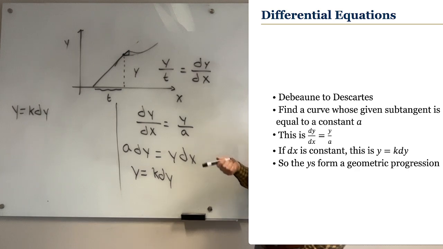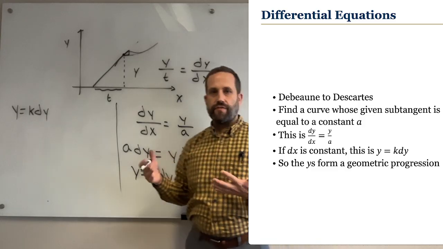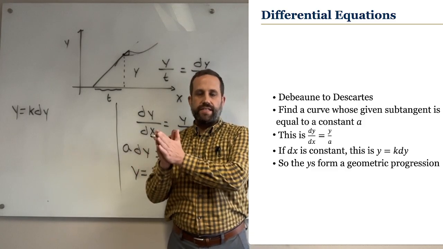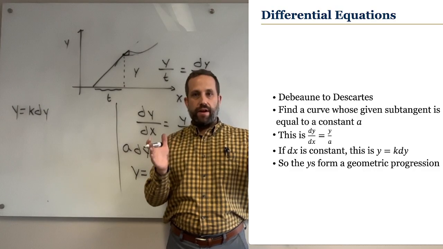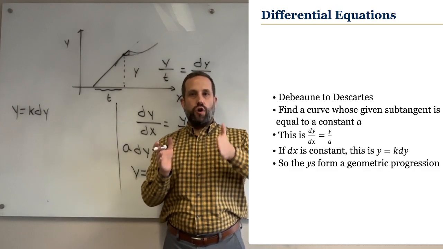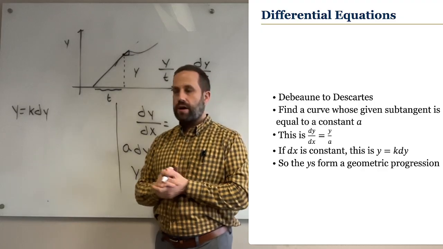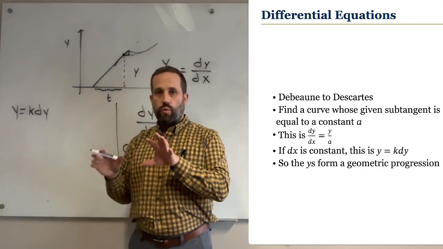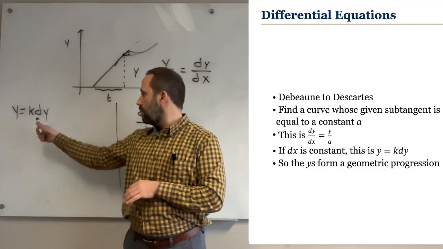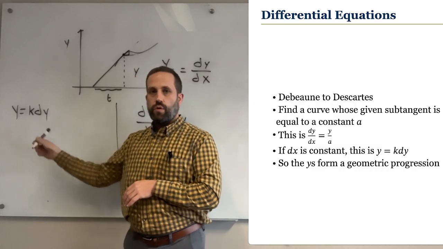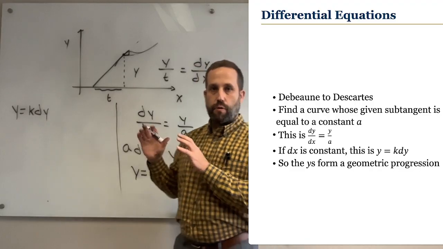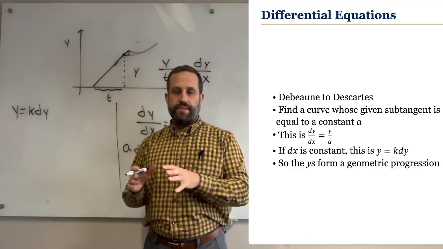And so now what he notices is that dy is like the difference in y. If you think about x's increasing in a discrete manner, then the corresponding y values are also going to increase in a discrete manner. And what this says is that y is equal to a proportion times its difference.